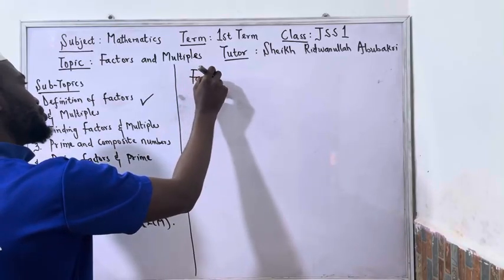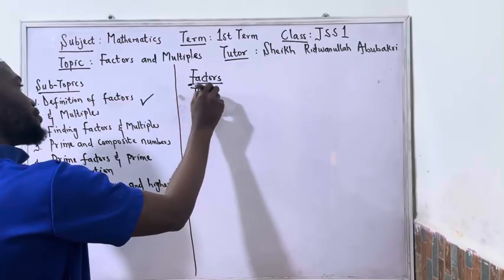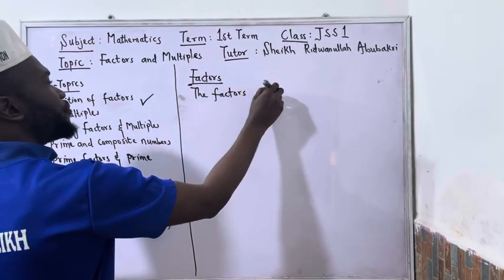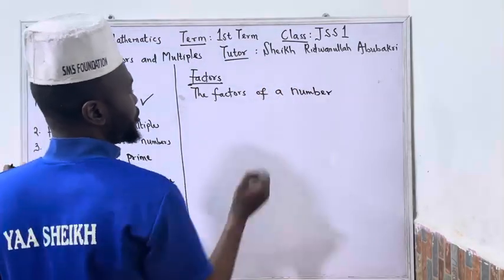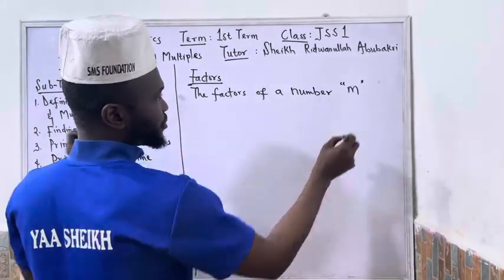Factors. The factors of a number, let's say the number is M, generally.